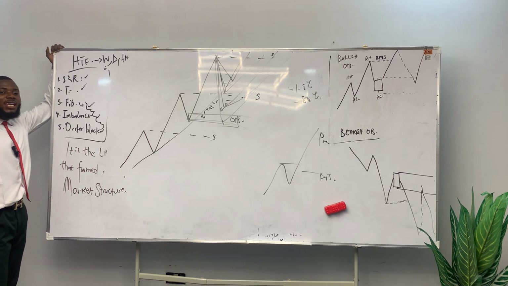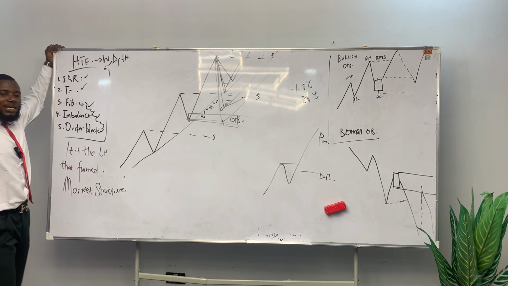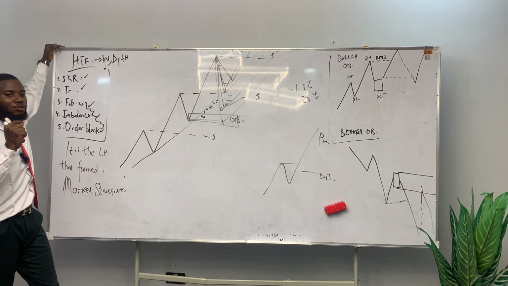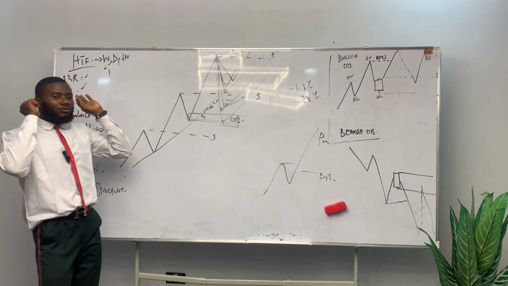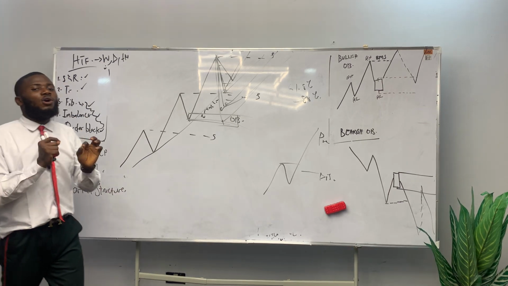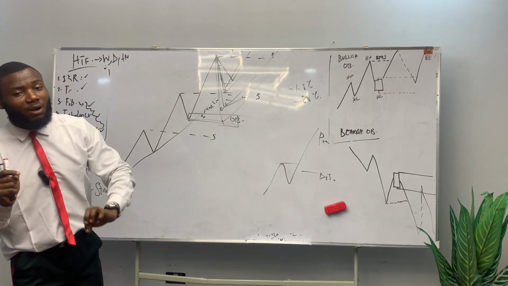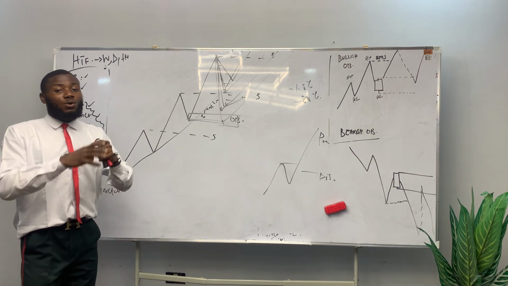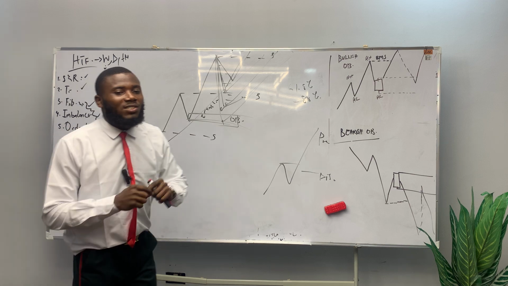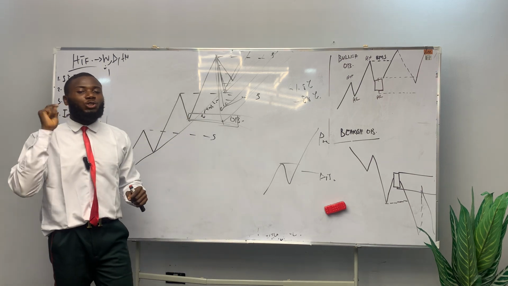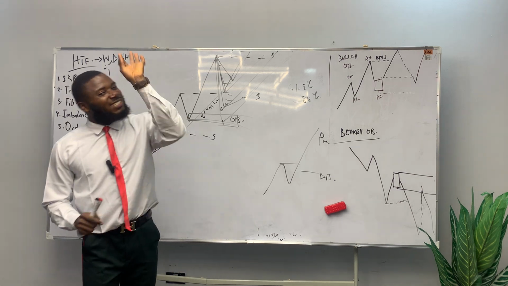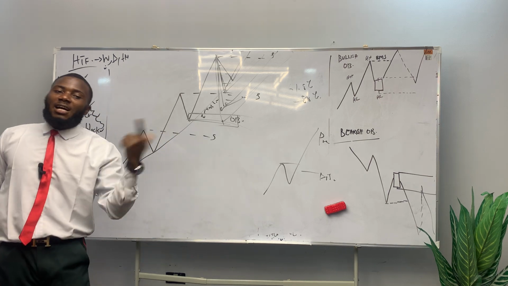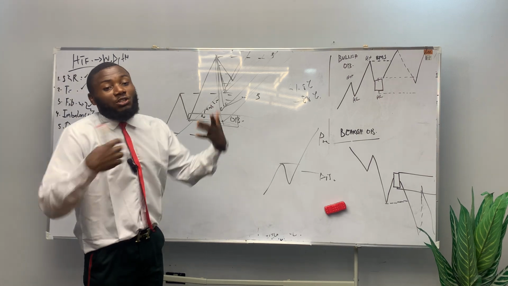Right? Don't forget, in an uptrend, your focus should be to buy. Look for buying opportunities. Then in a downtrend, your focus should be to sell. Look for selling opportunities. Don't sell in an uptrend except you are a pro or you know what you are doing.